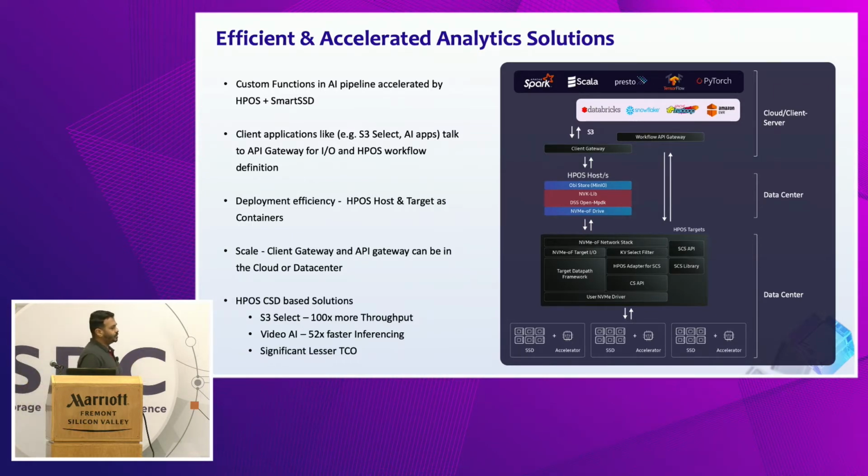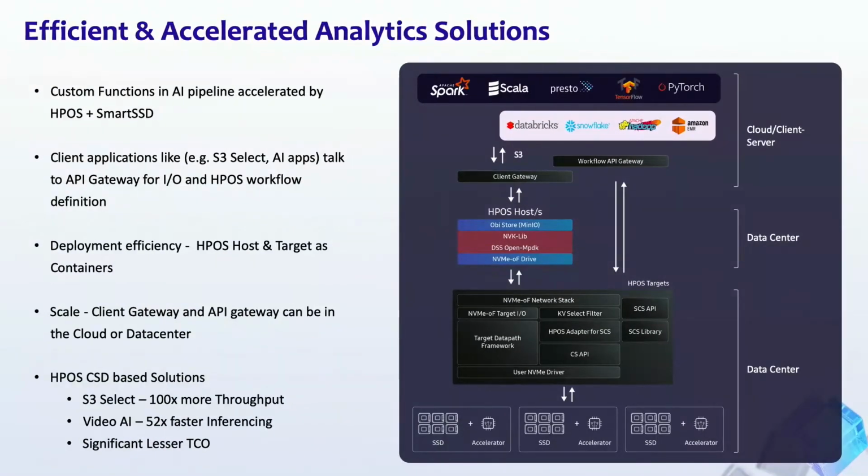Now on the other right arrow where you see the workflow, I don't have the pointer here, but the workflow API gateway is a way for applications, especially when you have a pipeline, right? You have multiple functions. As in the previous slide, I talked about S3 select or moving average. All these can be different functions in different layers, right?